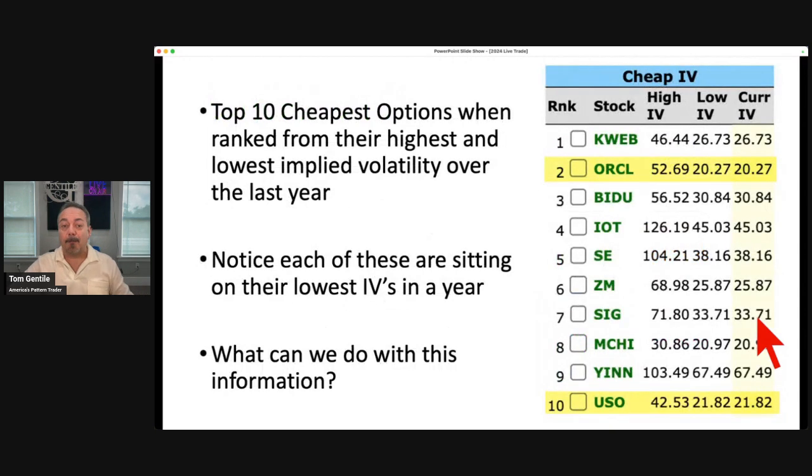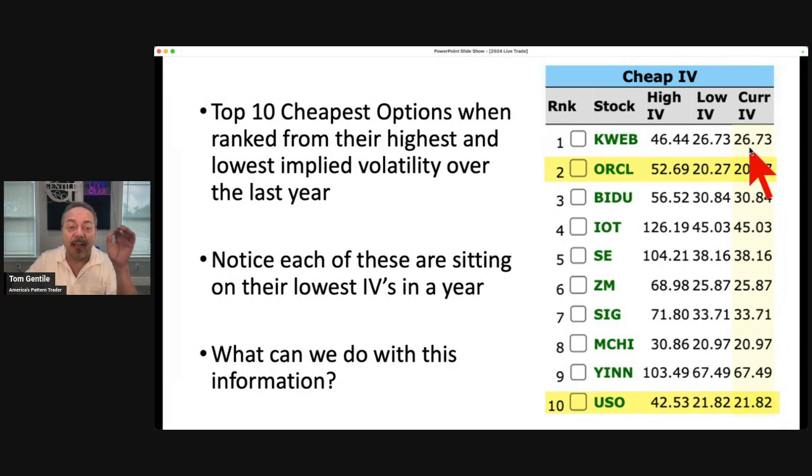So top 10 coming into this week. And this is based on, again, where they've been for their high. Here's their high implied volatility for the year. Here's their lowest implied volatility for the year in this column. And here's where they currently are sitting right now. Now, notice that in every case here, with KWeb, 26.73 is the low, 26.73 is the last.